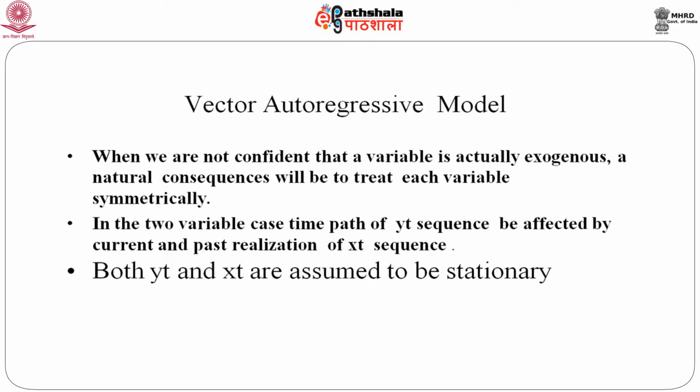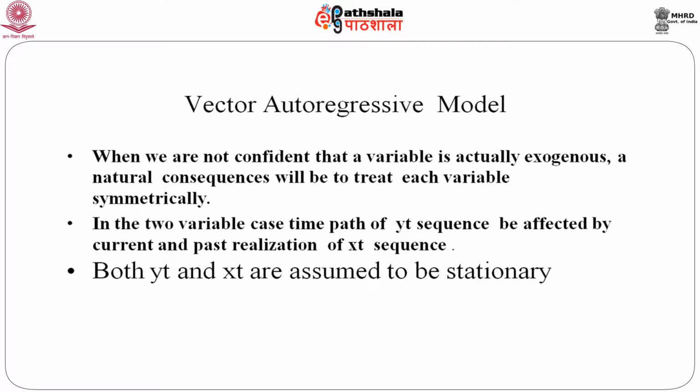So, let me start with what we mean by a vector autoregressive model. When we are not confident that a variable is actually exogenous, the natural consequence is to treat each variable symmetrically. In the two variable case, the time path of the yt sequence will be affected by current and past values of the xt sequence.